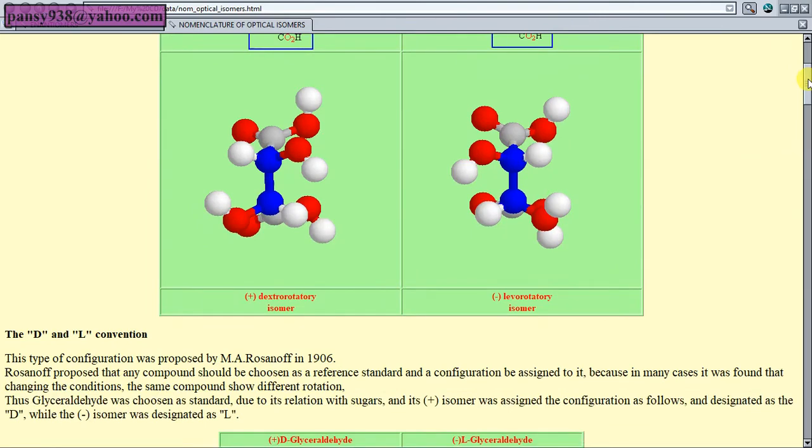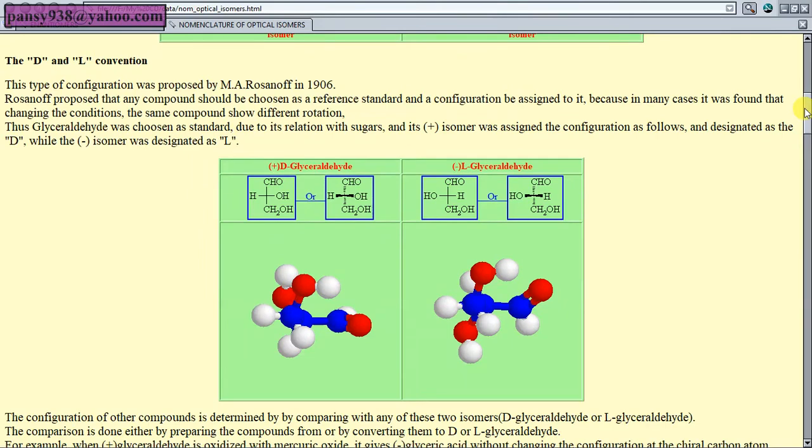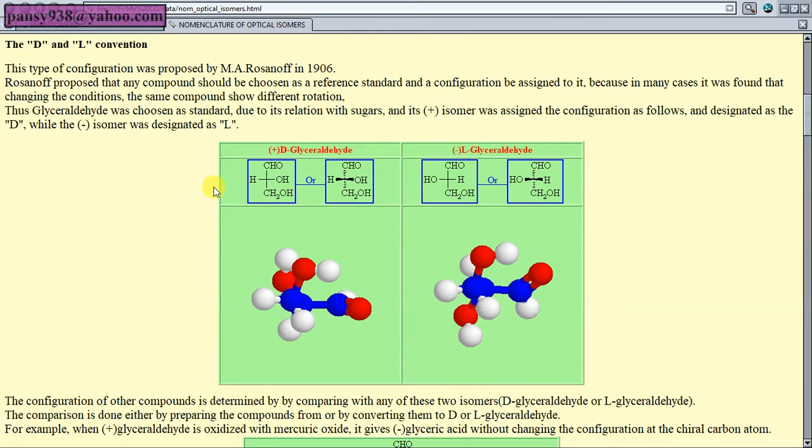Now come to another system, which is most famous in carbohydrate conventions, the capital D and capital L conventions. This configuration was proposed by M. A. Rozanov in 1906, who said that a compound should be chosen as a reference, and the reference compound he chose was glyceraldehyde.